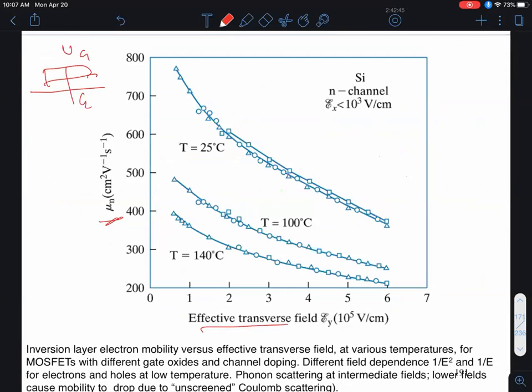I'll explain in a second what this business of effective electric field is, okay? So it's some sort of an average electric field in the inversion region, roughly measured in the middle of this inversion layer, okay? My source is over here, drain is over there. So I have a certain inversion layer. The electric field decreases as a function of depth, it turns out. If I take the average, that's what I mean by the effective transverse field.